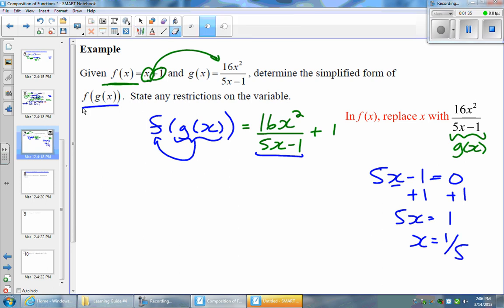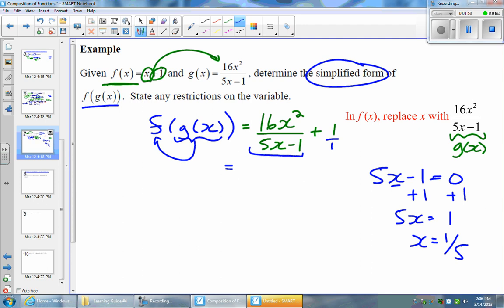Once we state our non-permissible values, we have to go ahead and simplify this rational expression. So when you simplify a rational expression, you got to make sure that the denominators are the same. Notice that this one can be written as 1 over 1. So rewrite this fraction, 1 over 1, with the same denominator as this fraction.